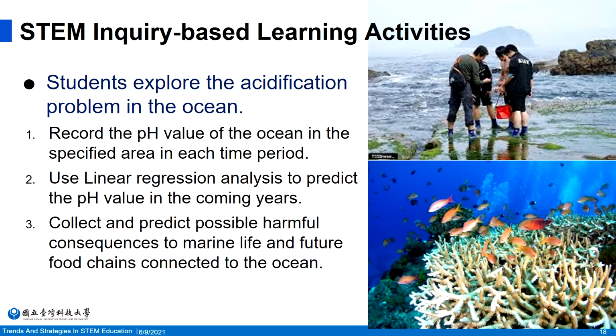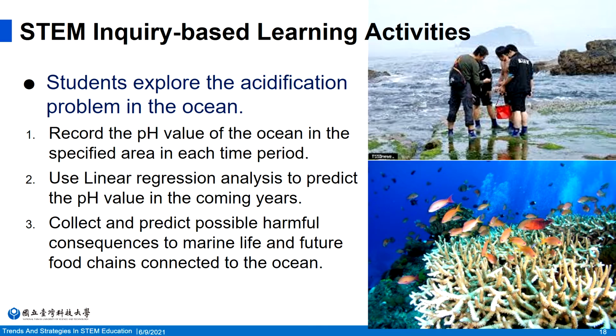This slide shows an example of an inquiry-based STEM activity. In this activity, the students are asked to explore the acidification problem in the ocean. They need to record the pH value of the ocean in a specified area in each time period.